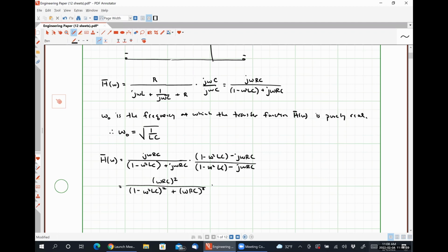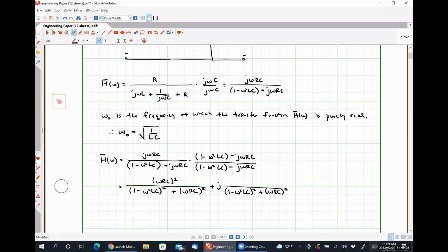And then for my imaginary part, just putting my j out front here, I'm going to have that same denominator, 1 minus omega squared LC quantity squared plus omega RC quantity squared.